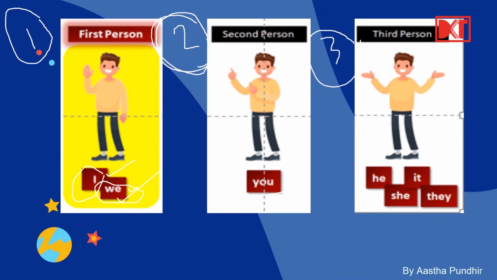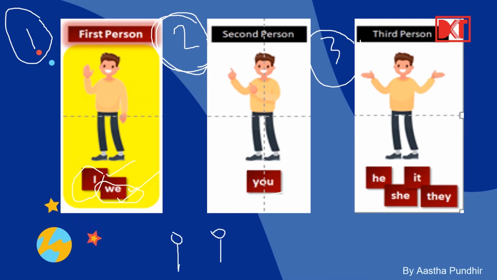Then third person. Third person में मैं अपनी बात नहीं कर रही, मैं किसी को बोल नहीं रही, यू नहीं बोल रही. Rather, I am talking about the third person. Third person मतलब I am talking about someone else who is not in the picture. For example, अगर मैं और आप बात कर रहे हैं, this is me and this is you.